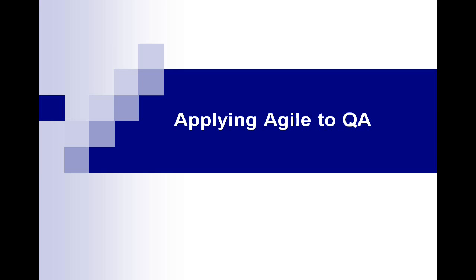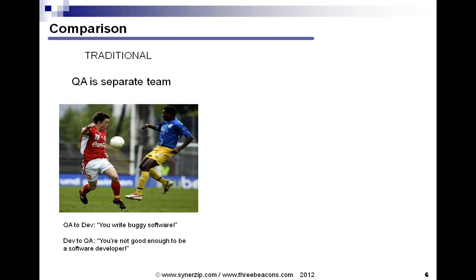Quick comparison. In the traditional world, the quality assurance team is a separate team. The developer might say to a QA person, well, you're not good enough to be a software developer, that's why you're a QA tester.